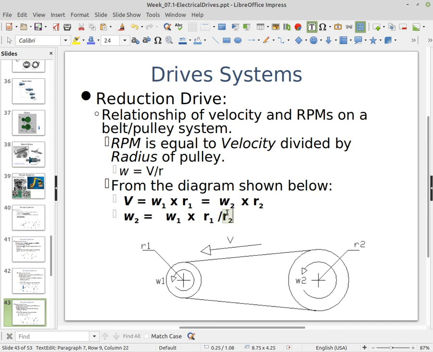And if you wanted to calculate the torque at wheel 2, the torque of the second one is equal to the torque of the first one times the radius of the second divided by the radius of the first.